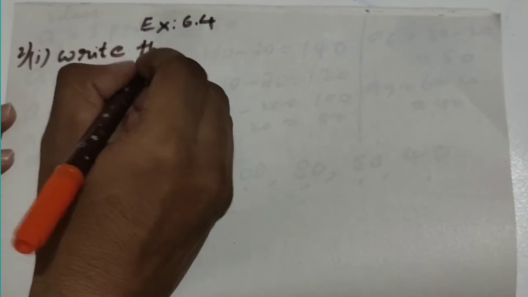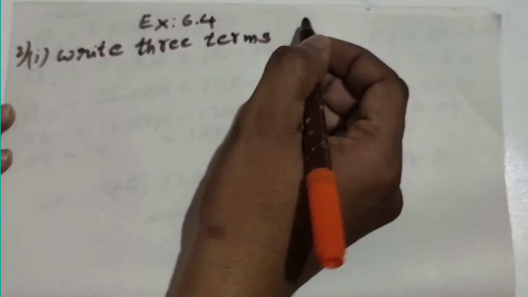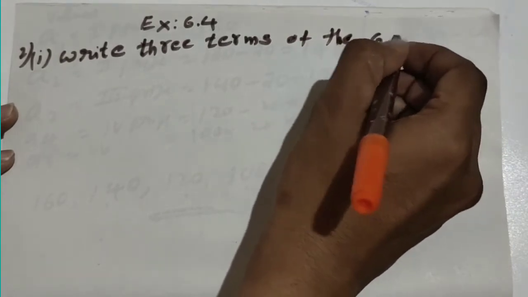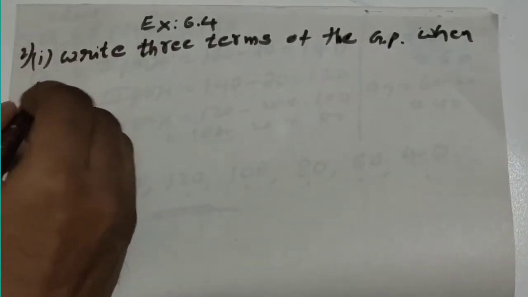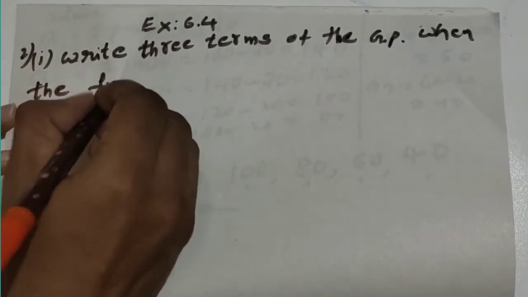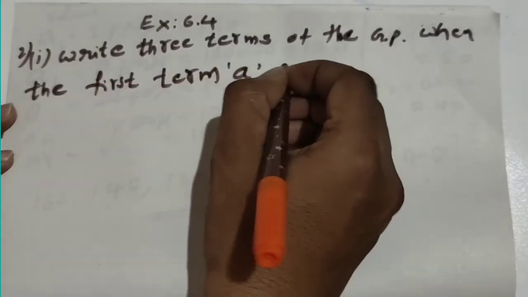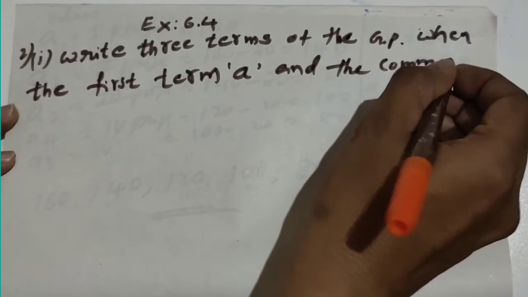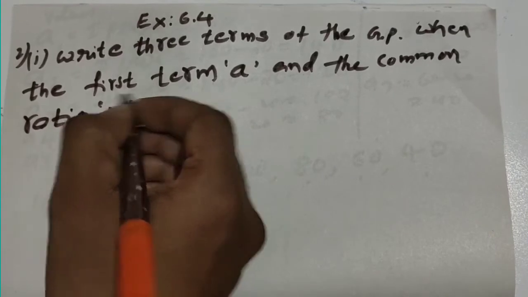Write the first 3 terms of the GP when the first term A and the common ratio R are given.